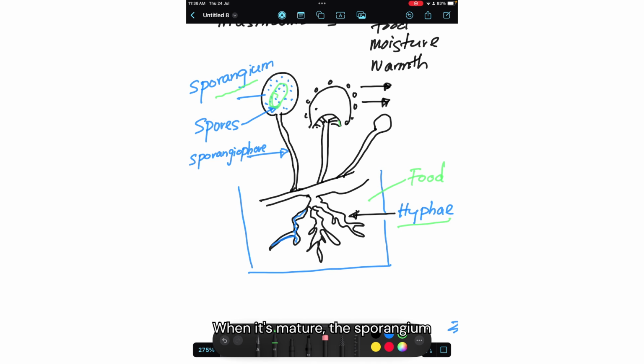When it's mature, the sporangium bursts and releases a large amount of spores into the air. And these spores settle on another surface or the same space or nearby food pieces, and they start to grow.